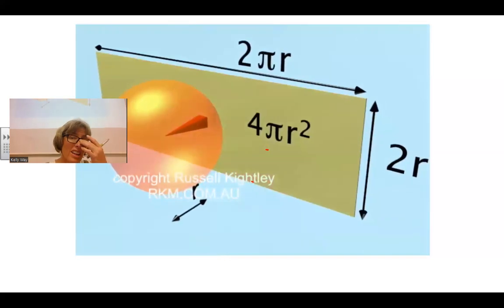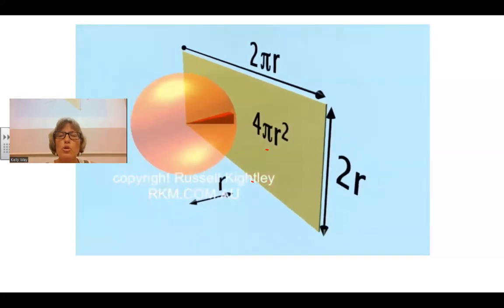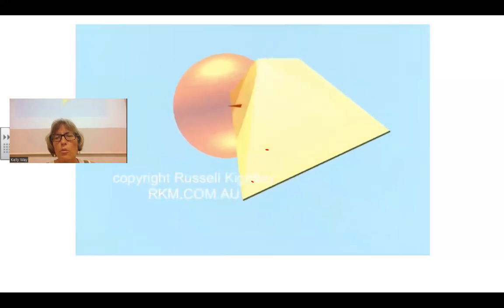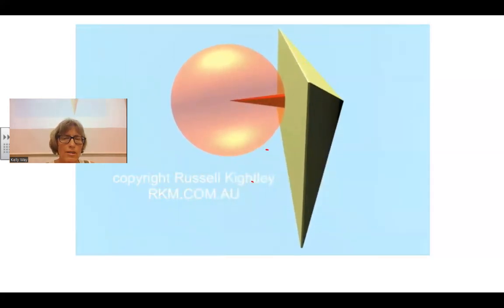That wrap around is going to be the circumference times 2 radii. So technically it's the diameter times 2r, but we're going to use 2 pi r.